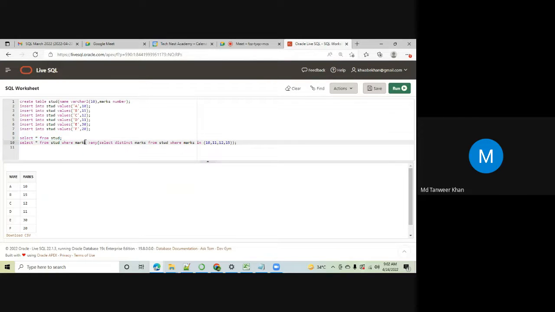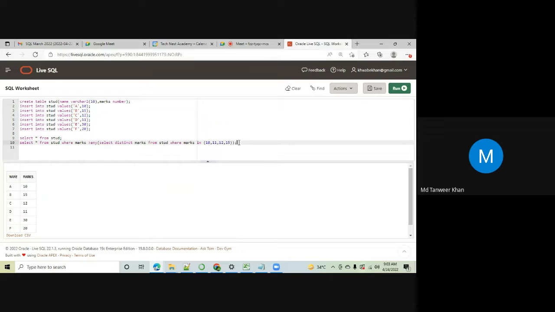So here, suppose the question is that I want to fetch those student details whose marks are either greater than the marks of A, B, or C. Try to understand this.